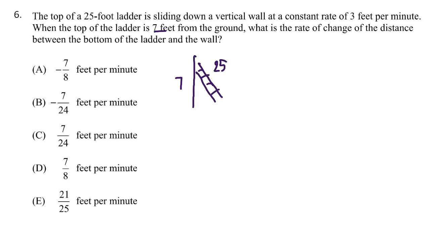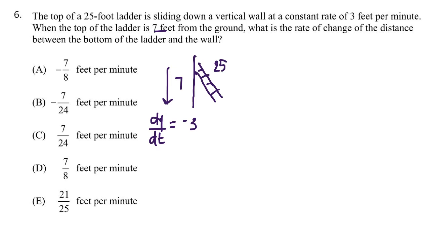And we know that the ladder is sliding down the wall, so that's our y-coordinate. And notice that this distance is really shrinking as this is moving downward. So I'm going to say that our dy/dt, we're sliding downward, that's -3 feet per minute.